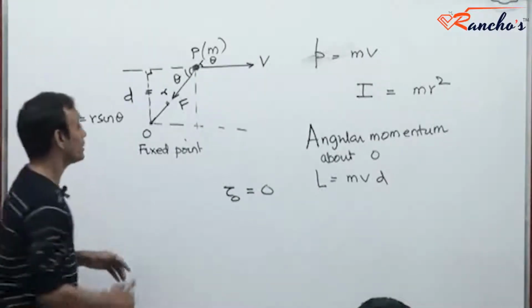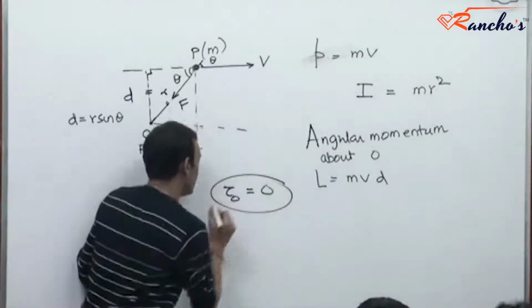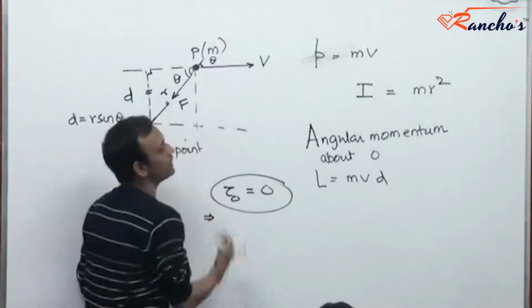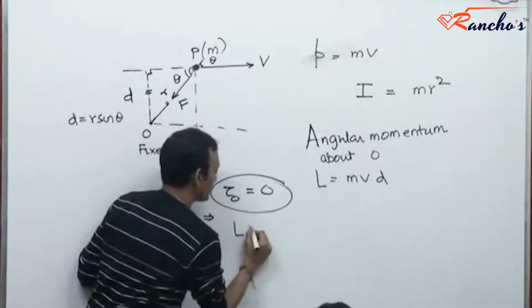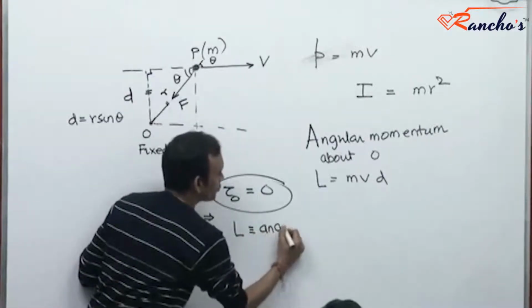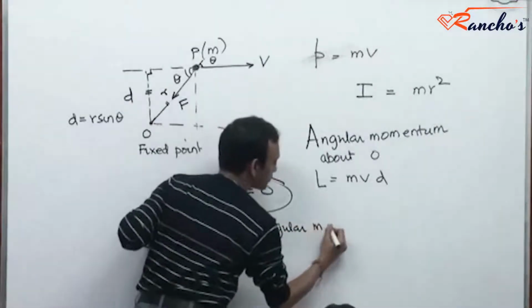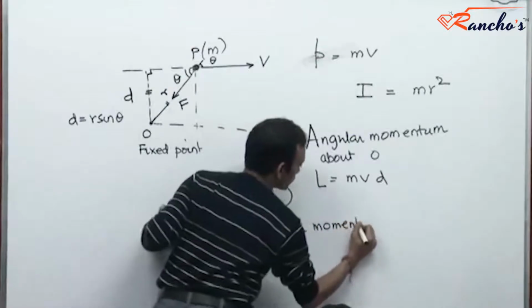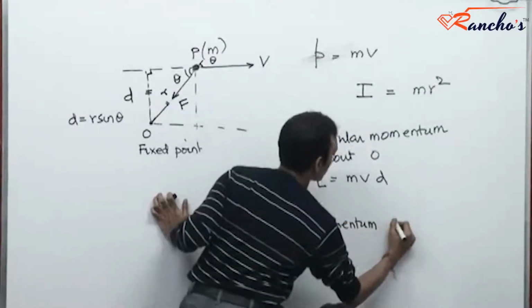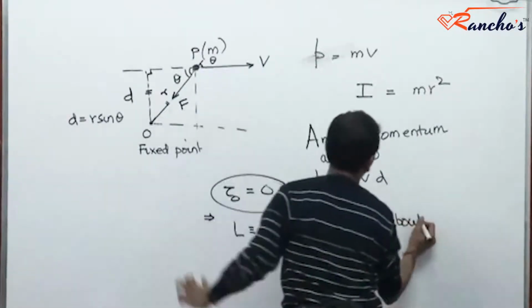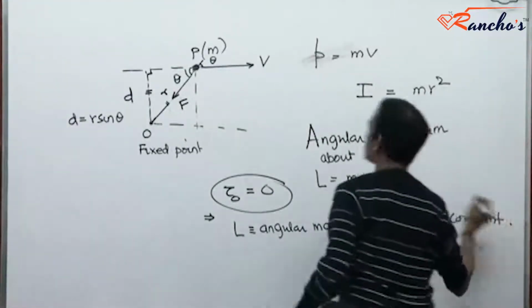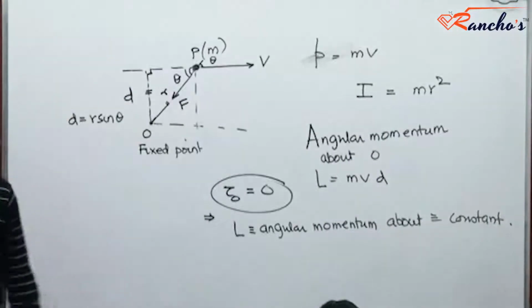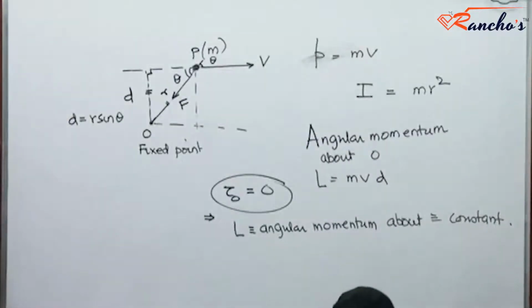That means, what we will learn down the line is that the angular momentum of the particle L about O will be a constant. It will maintain a constant angular momentum about O.